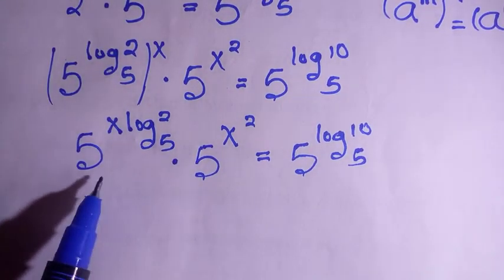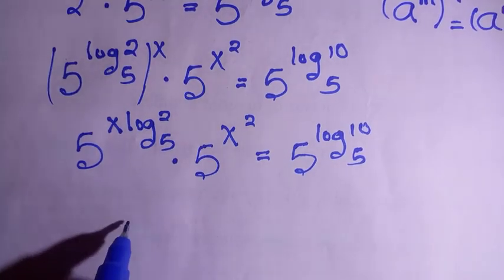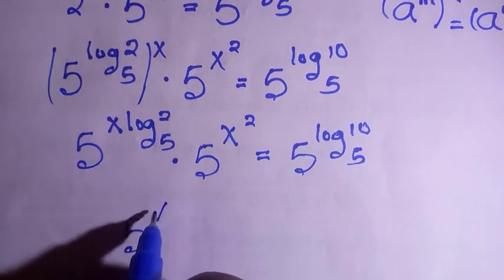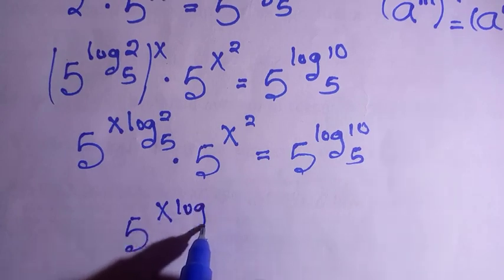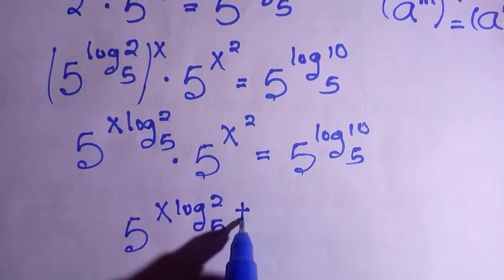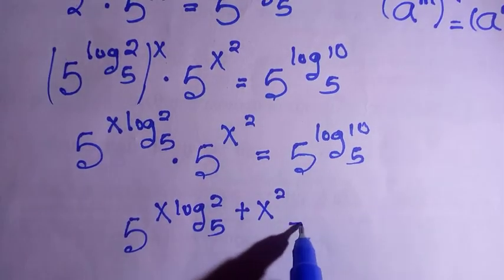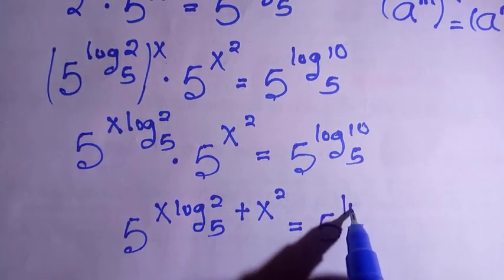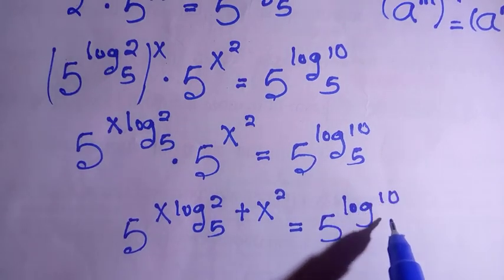We have a common base separated with multiplication. Applying the law of indices, multiplication changes to addition. Then we have x log 2 base 5 plus x raised to the power of 2 equals 5 raised to the power of log 10 base 5.